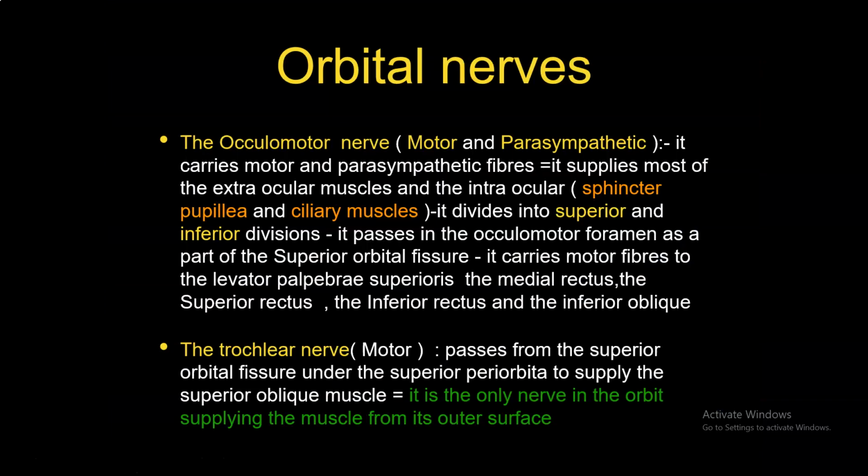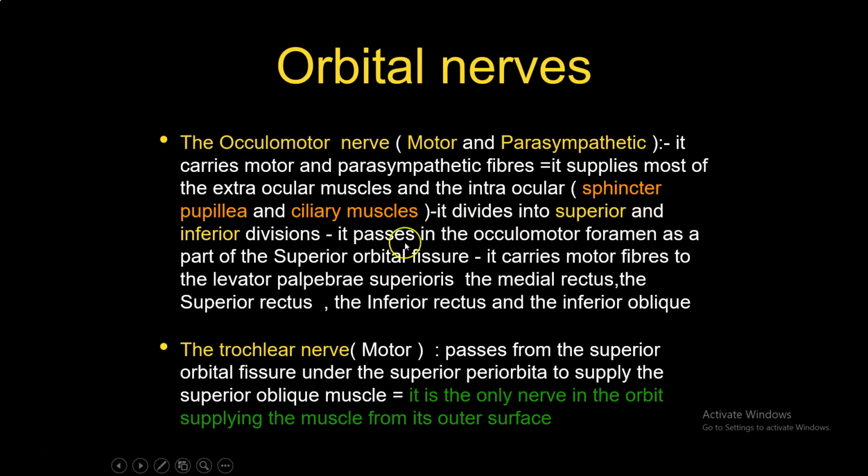Other orbital nerves, as we said, the oculomotor nerve, which is motor and parasympathetic, carries motor and parasympathetic fibers, supplying most of the extraocular muscles and two of the three intraocular muscles, which are the sphincter pupillae and the ciliary muscle, as we said. And the oculomotor divides into superior and inferior divisions, passing in the oculomotor foramen as a part of the superior orbital fissure.